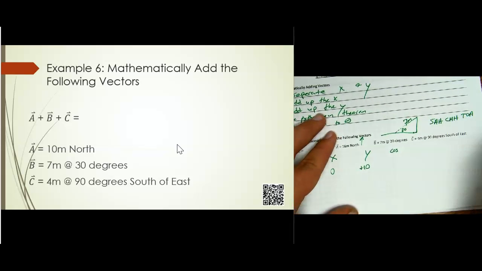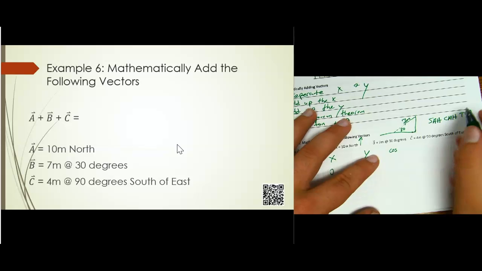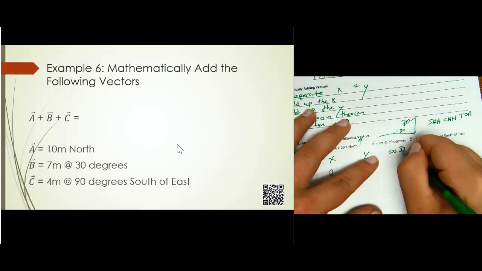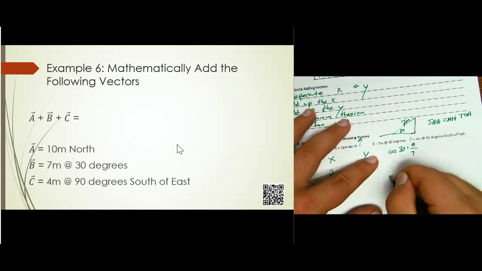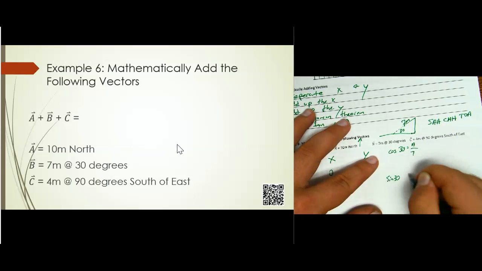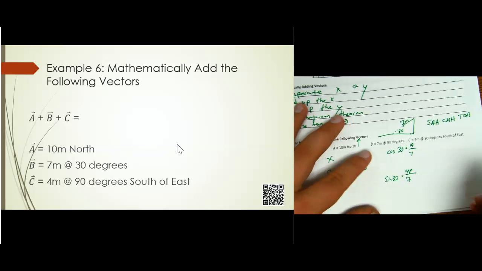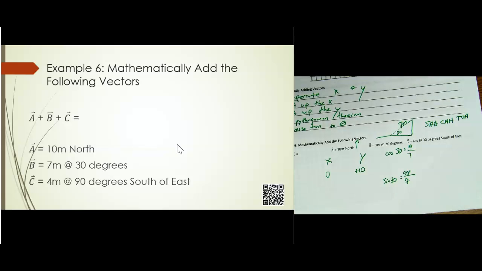All right. So the cosine is the adjacent. Cosine of 30 is equal to adjacent over the hypotenuse. And then the sine of 30 is equal to the opposite over 7.